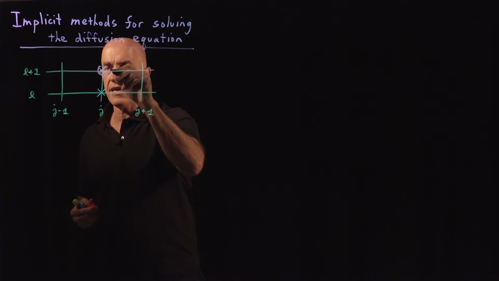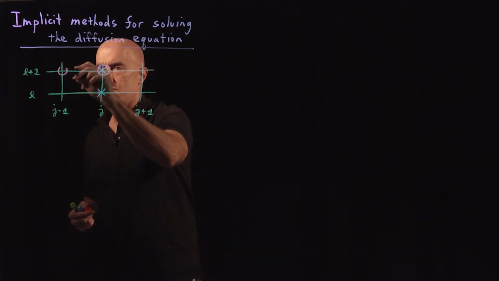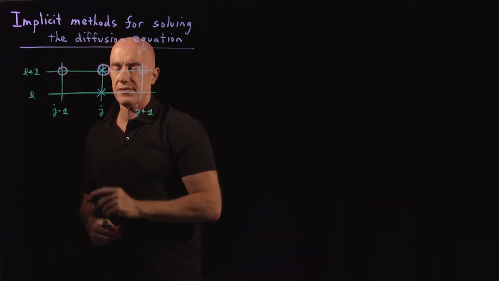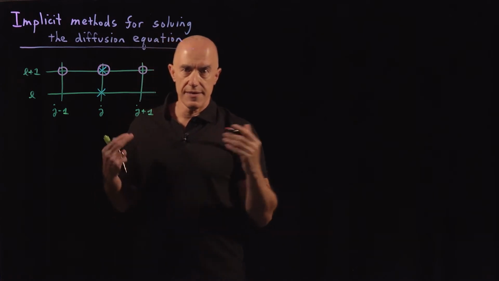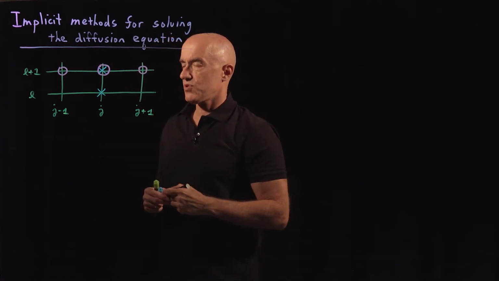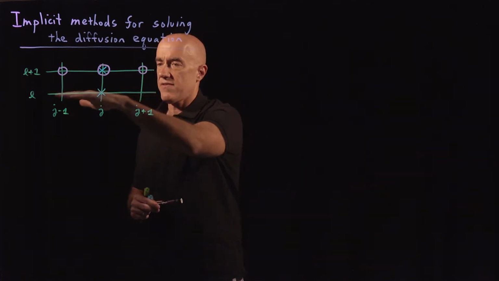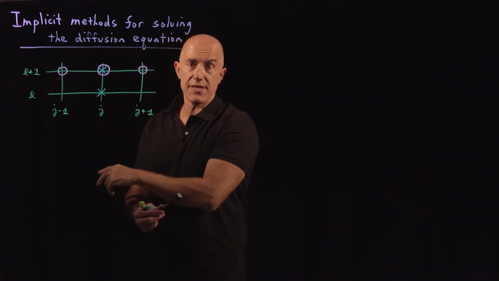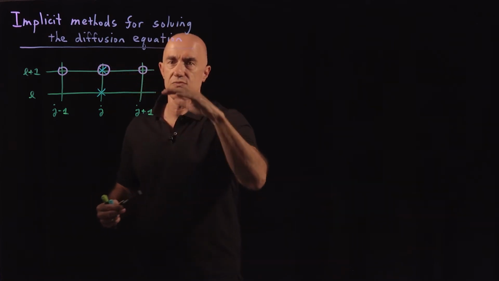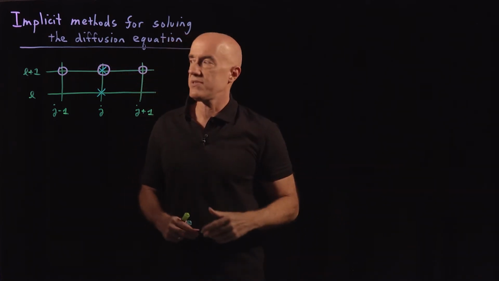So we calculate the second derivative using these grid points. Okay? That's a little bit strange, but perfectly fine. Calculate the second derivative at the previous time step, or calculate the second derivative at the current time step.